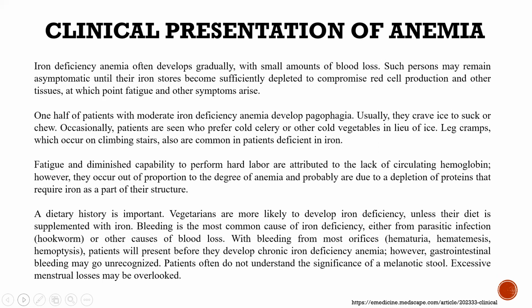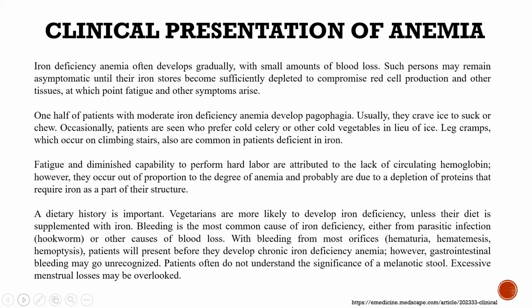Fatigue and diminished capability to perform hard labor are attributed to the lack of circulating hemoglobin. However, they occur out of proportion to the degree of anemia, probably due to a depletion of proteins that require iron as part of their structure. Dietary history is important. Vegetarians are more likely to develop iron deficiency unless their diet is supplemented with iron.